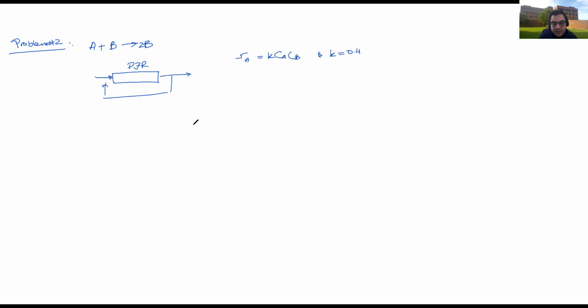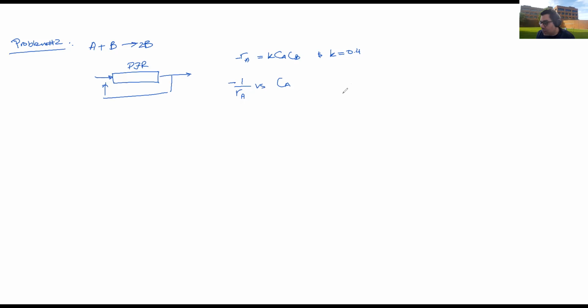Okay, so how do we gauge this? And again, when you're being asked to see if this is the best reactor or not, you should always try to get a plot of minus 1 over RA versus CA. We've touched on this a few times throughout this course. This is what you need to do to gauge if this is your best performance or not.